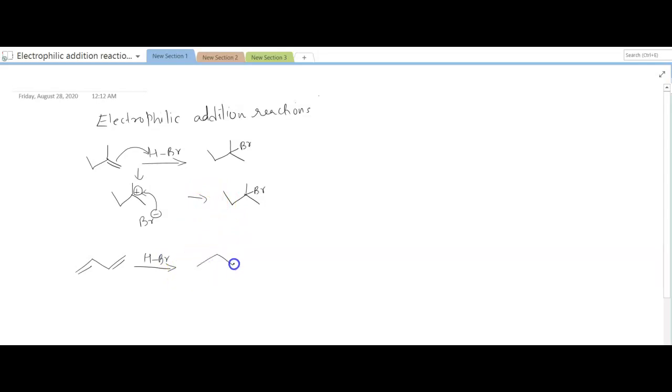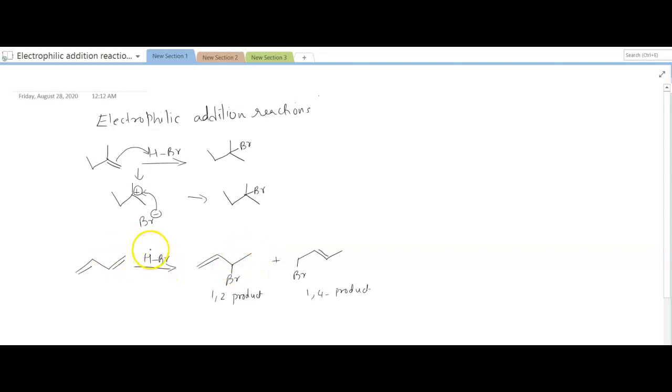The two products seen are with a Br attached here and a Br attached at this carbon atom. We call this the 1,2 product, and this one the 1,4 product.